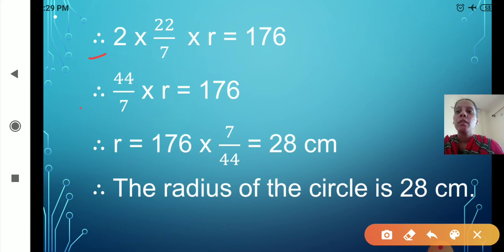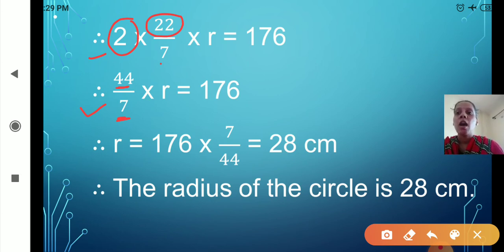Now the next step, 44 upon 7. Why did I write 44 here? 2 multiplied by 22, so 2 into 22 is 44. In the next step I have written 44, and the denominator 7 we write as it is, multiplied by r is equal to 176.